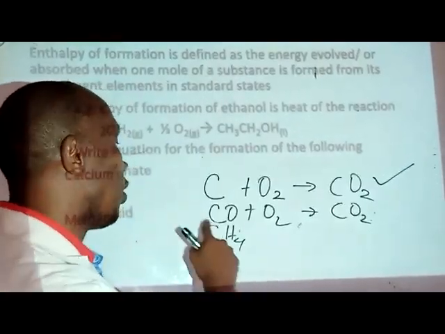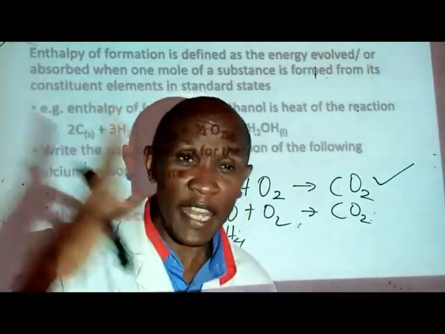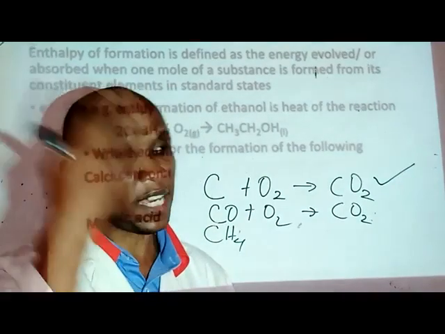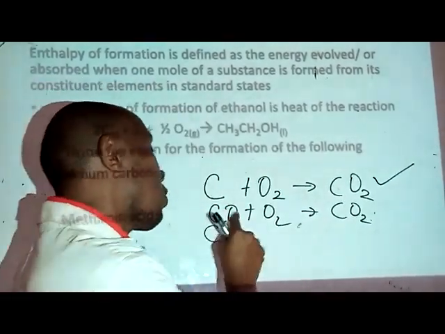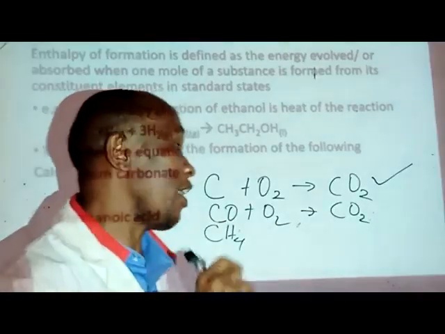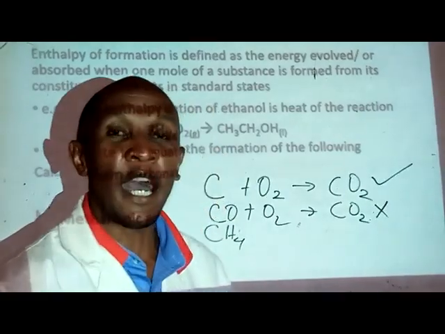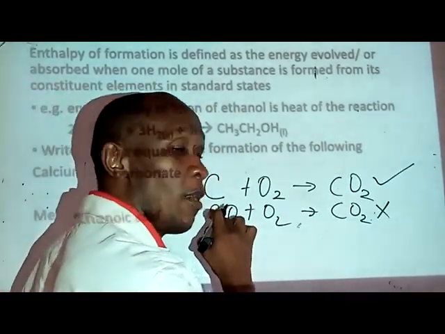The answer is no, because an element is a substance that cannot be split into any simpler substance by any chemical means. That is what we said in Form 1. So carbon(II) oxide can be split into carbon and oxygen, and therefore this is not the enthalpy of formation of carbon(IV) oxide. Why? Because it's not being formed from elements.